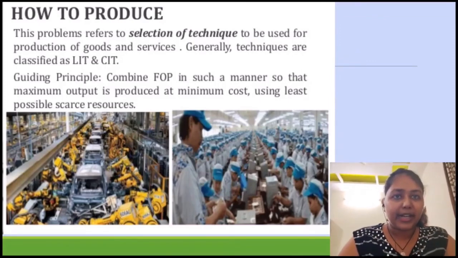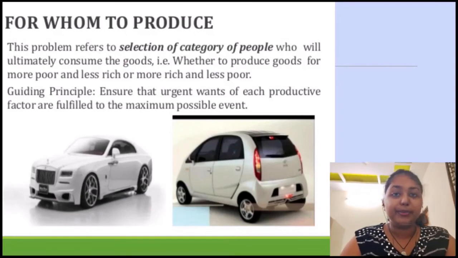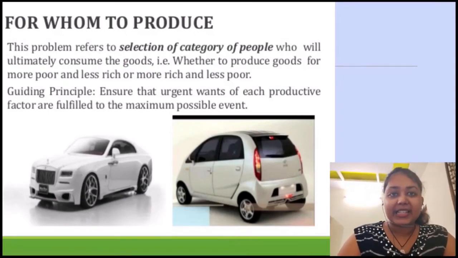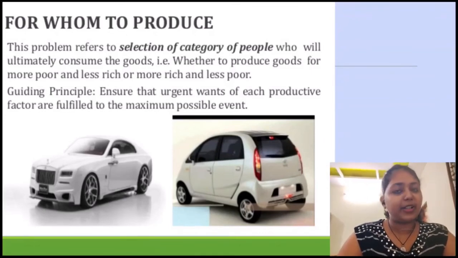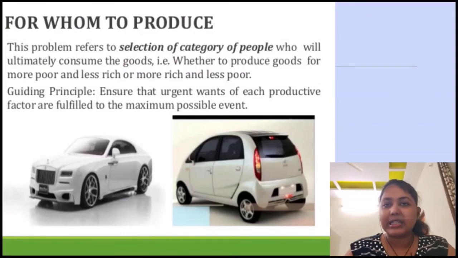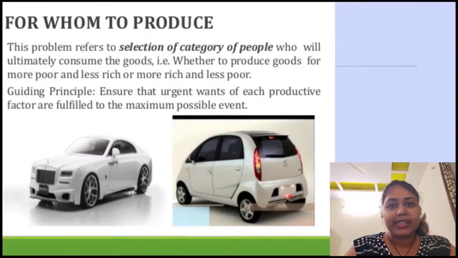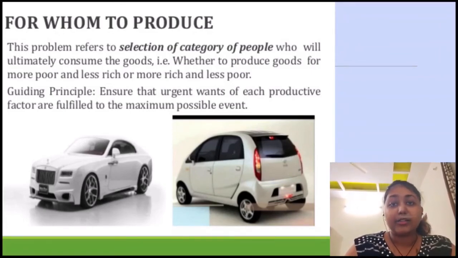Now let's have a look at our third question: for whom to produce? As we discussed, society is divided into different parts: the rich people, the middle class and the poor people. Obviously a poor person cannot buy a Bugatti or a Rolls Royce. So the economy needs to decide for whom to produce.